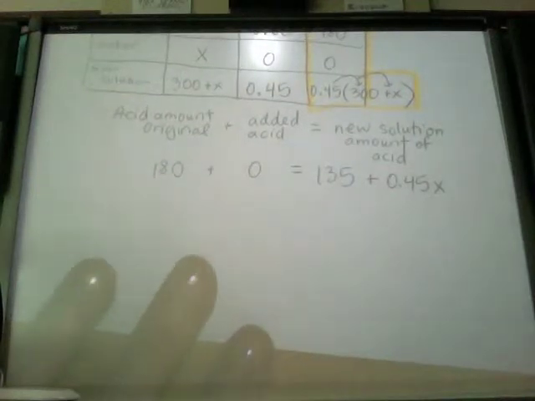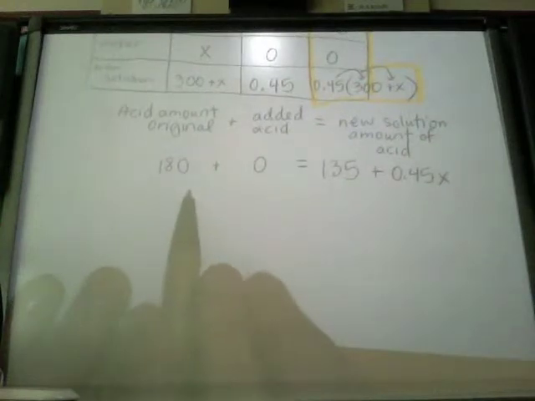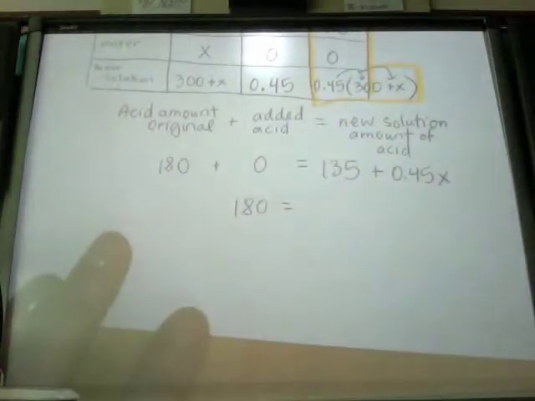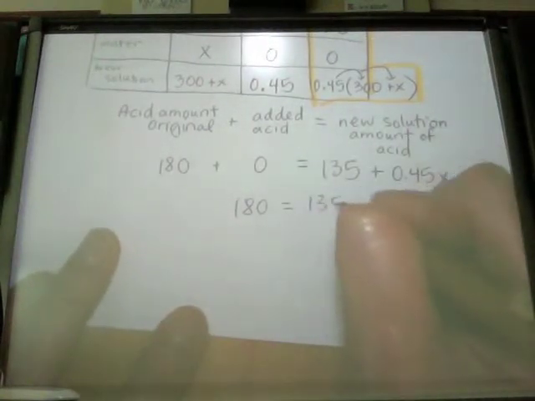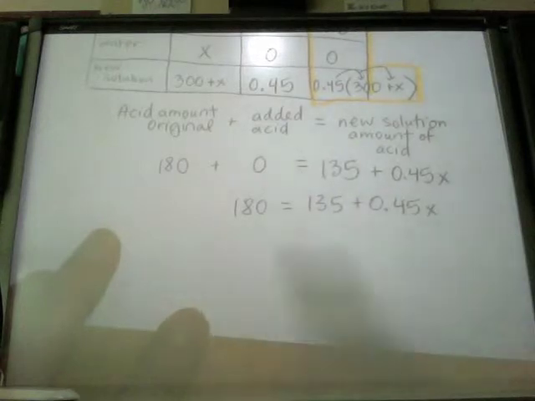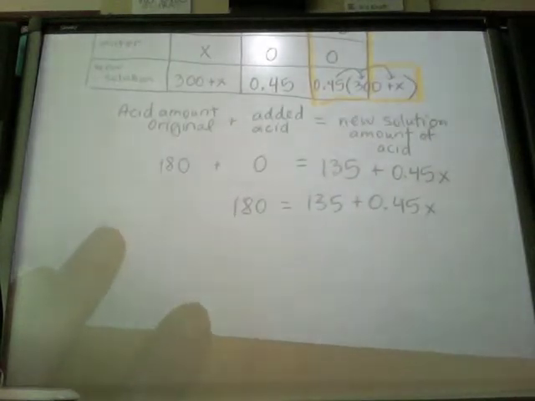Now again, your book shows it without the decimals, or they've done the times 100. We don't need to do that. I think that makes it more confusing in my opinion. Let's just start to simplify. Left side, that's easy. 180 plus 0, 180. On the right side, I cannot add these yet, so all I'm really doing here, and if you wanted to skip rewriting all this, you could. I'm just showing that the left side is simpler than the book.